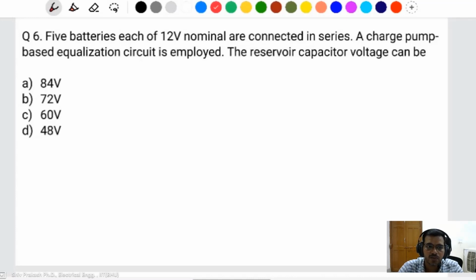But here the two batteries are not mentioned. Is it the lithium or lead acid or lithium ion battery? But I think it was asking about the lead acid only. The 12 volt battery is directly connected in series, like a five batteries. Then suppose one is full charge, and other is not full charge.